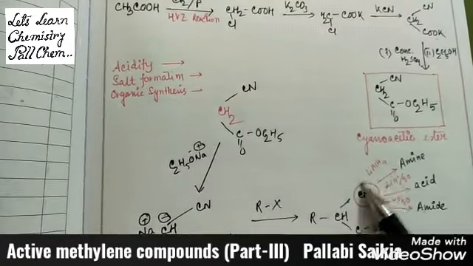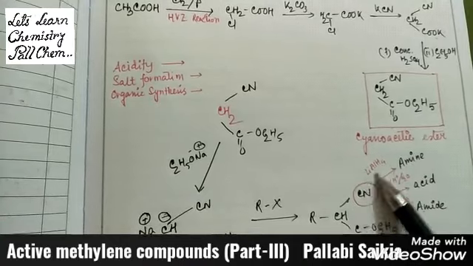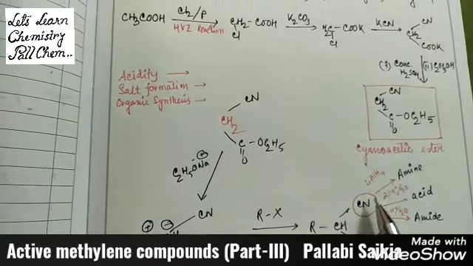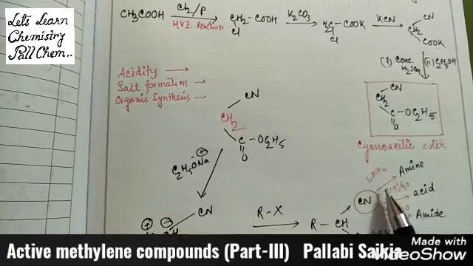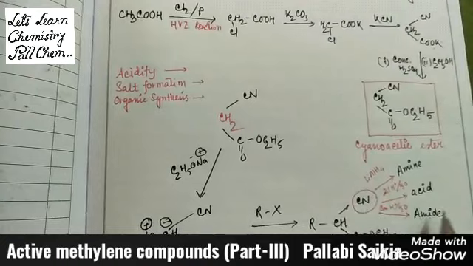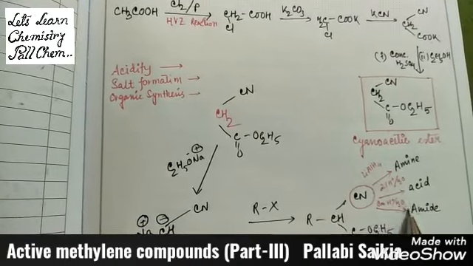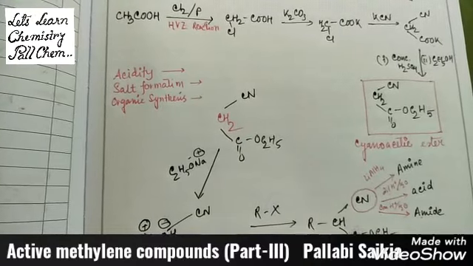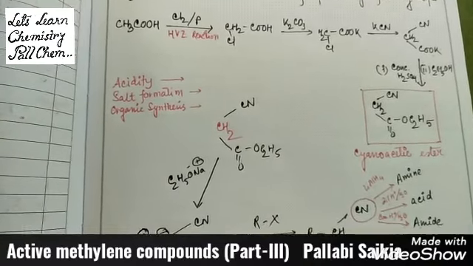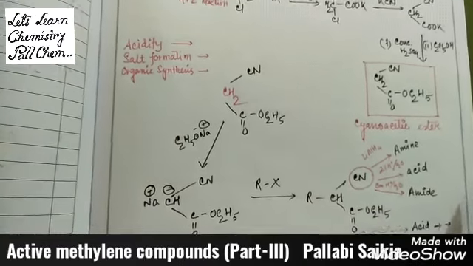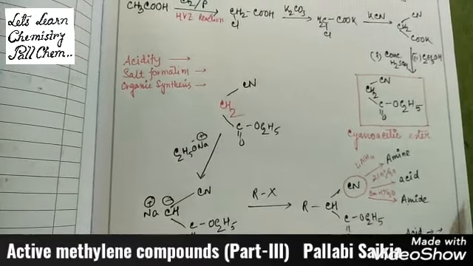This cyanide can be converted to an amine by treating with lithium aluminum hydride, which is a reduction. It can be converted to acid by hydrolysis with dilute acid, and to amide by partial hydrolysis with concentrated acid. Similarly, this ester can also be converted to acid, and further converted to other molecules.